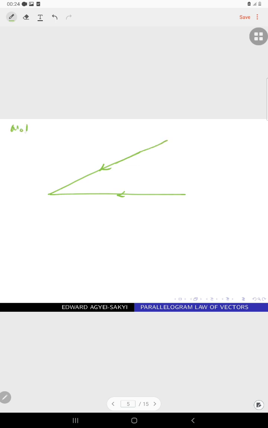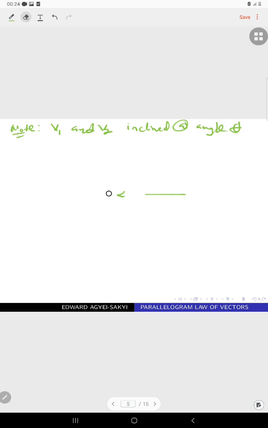Note, we are still using V1 and V2 inclined at angle theta between them.